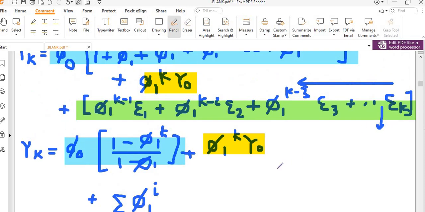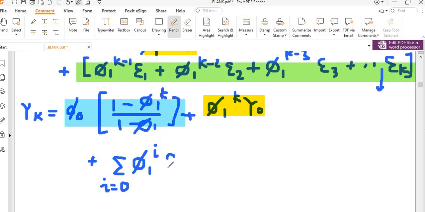Now let's think about the epsilon term. Epsilon starts from k, right? There has to be a k involved. Now the term associated with phi 1 to the power 0 is epsilon k. So now if I increases, this subscript has to fall.